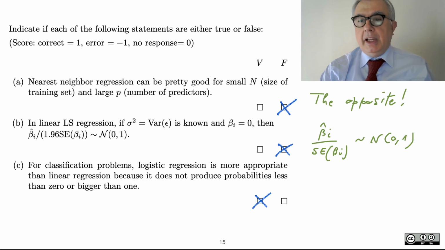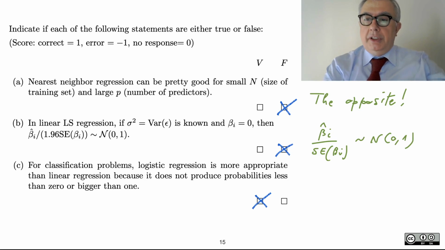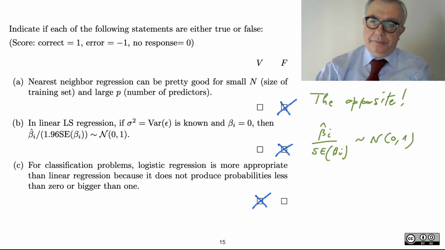But when p is large, the number of data needed grows very, very fast, and this is the very reason of the curse of dimensionality, and therefore this is false.